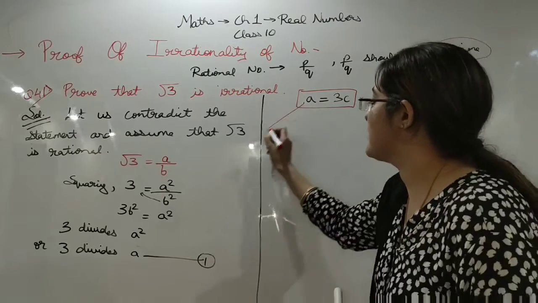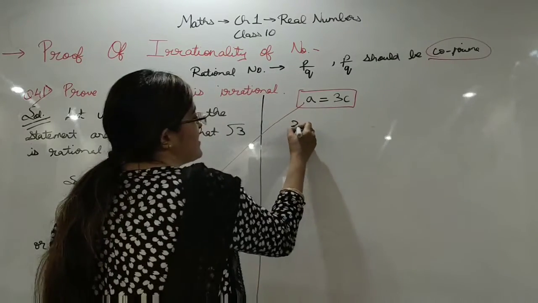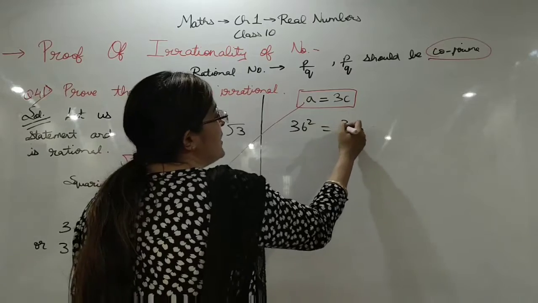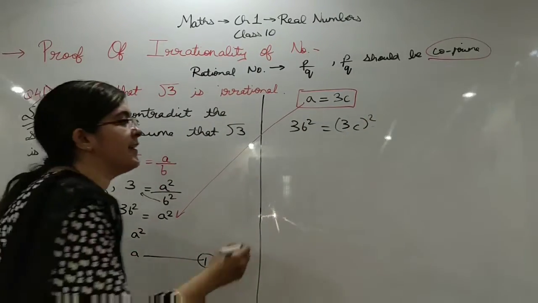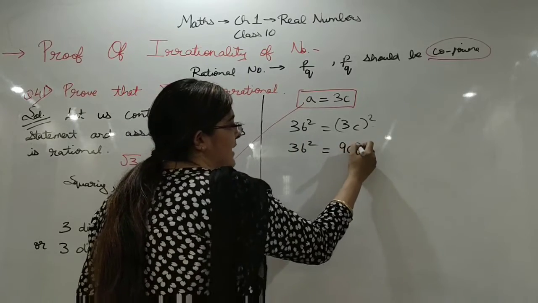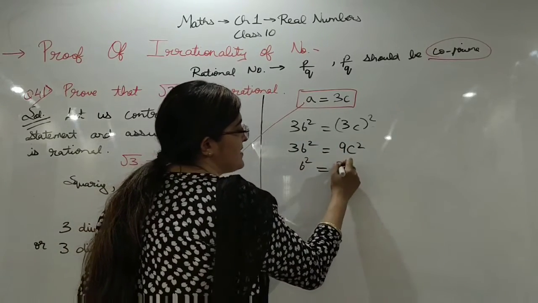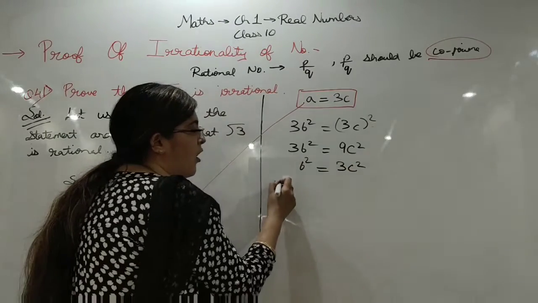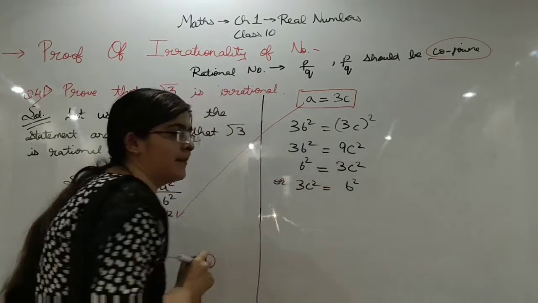So we will keep this value here. What we will get? We will get 3b square is equal to 3c square. We have kept the value of a here. Now again what we will see? 3b square is equal to 9c square. 3 will go down. b square is equal to 3c square.